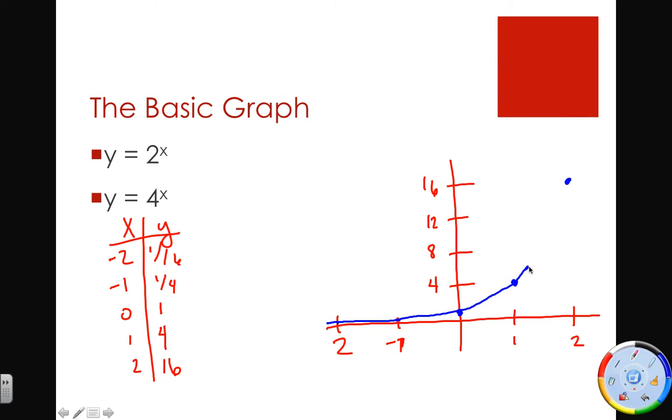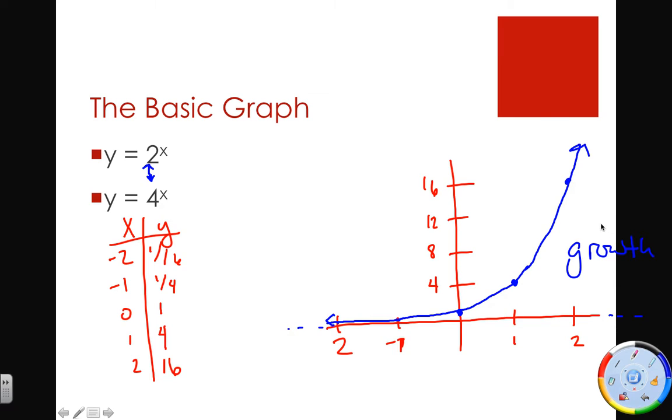But you'll notice that I don't ever cross the y-axis or the x-axis here because this still has that horizontal asymptote because there's no transformations going on, no translations. All right, so this is a growth model, and it has everything to do with these numbers here because 4 is bigger than 1, and so is 2.